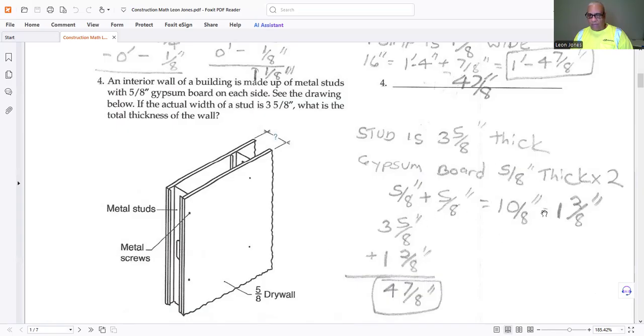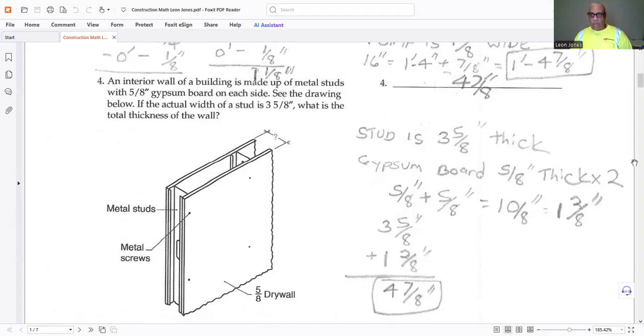So what I did, I got 10/8. Some mixed fractions. So I came up with, of course, 1 2/8. Now, what is the thickness? The actual thickness of the wall. Well, I'm going to add the stud plus the gypsum board on each side. And I come up with 4 7/8 of an inch.